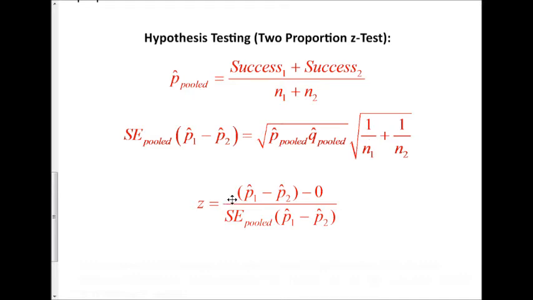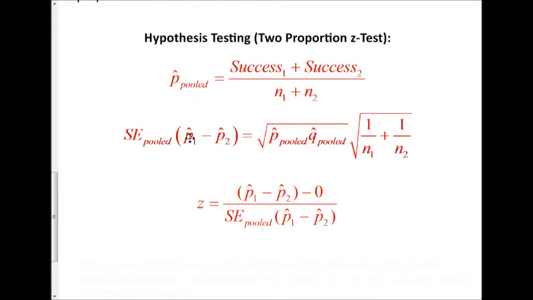And then the z-score again deals with that pooled proportion difference minus 0, because in a hypothesis test you're always assuming that your null hypothesis is that there is no difference. That's what that comes from, the difference between the null and your sample, divided by your standard error of the pooled.